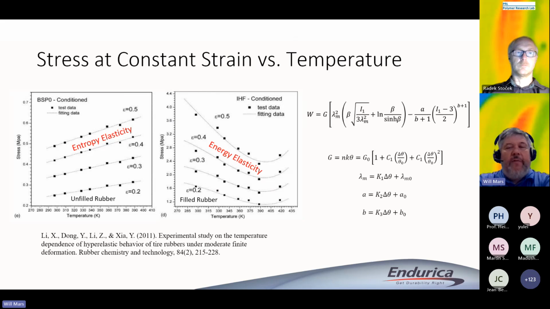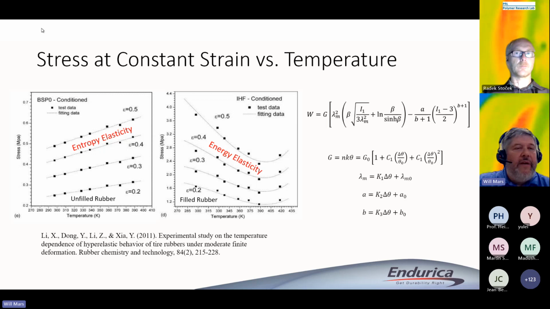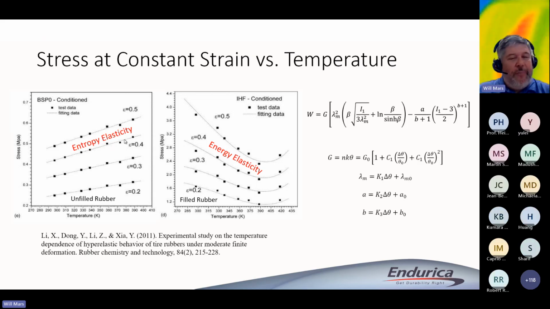There's a large literature around this, but I really liked this paper from a group in China where they made stress-strain experiments at various temperatures. On the left, you're seeing, for an unfilled rubber, an example of entropy elasticity, where as you increase the absolute temperature at constant strain, you see an increase of the stress, exactly as we would predict from the classical theory.